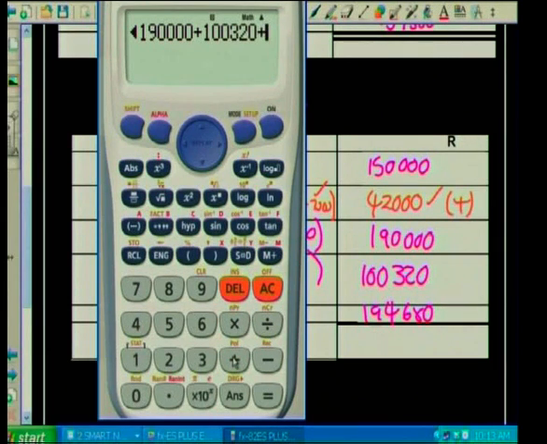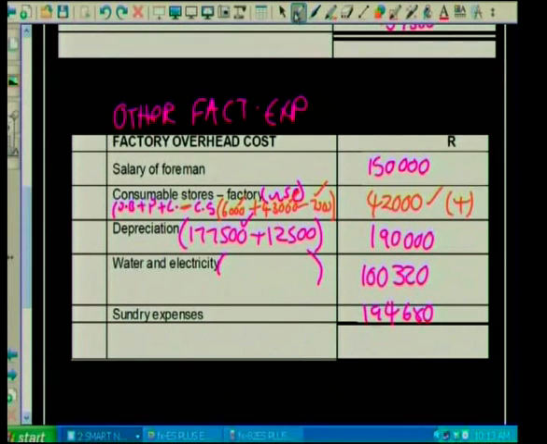And then finally my sundry expenses, which was 194,680, to give me my factory overheads, an amount of 677,000. So let's fill that in. Factory overheads, 677,000.